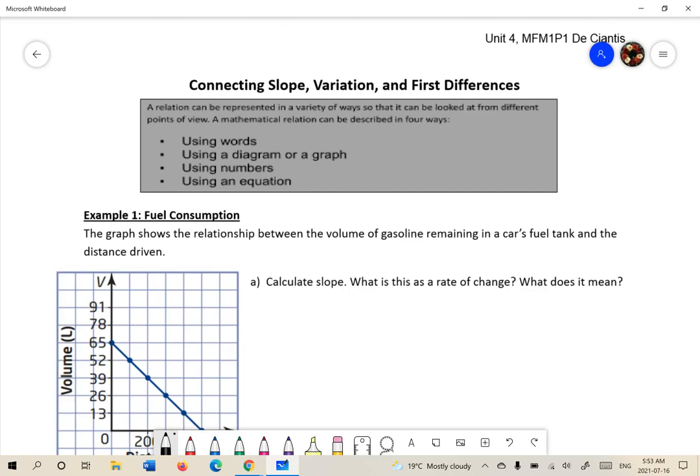We've learned how to identify slope and our y-intercept values in words, in a graph, using numbers, and reading and creating equations. What we're going to be doing is reviewing everything that we've learned through various examples of linear relations.